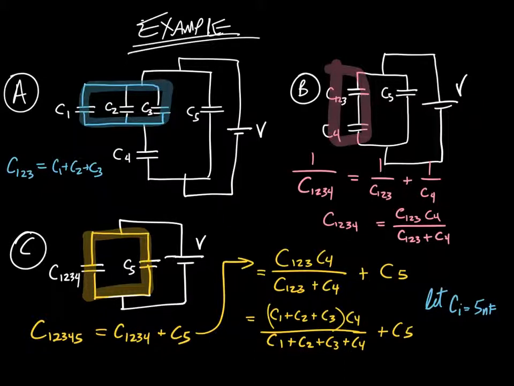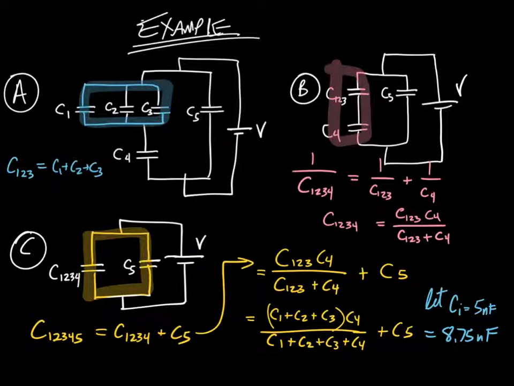So if every one of these things is 5, nanofarads, microfarads, whatever it ends up being, I have 15 times 5 in the numerator, 20 in the denominator, and then I add 5 again. And so you'd end up getting 8.75 nanofarads. Okay? Which is a little bit more than 5.